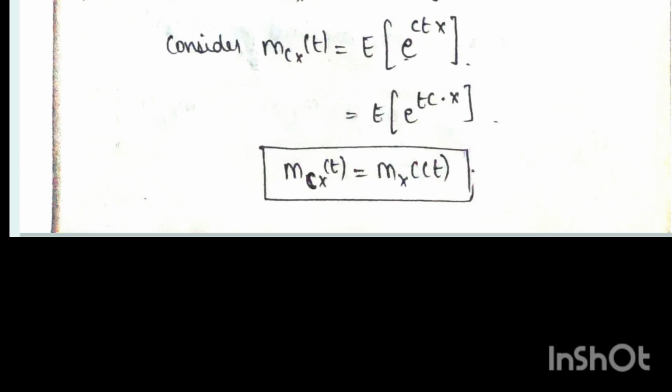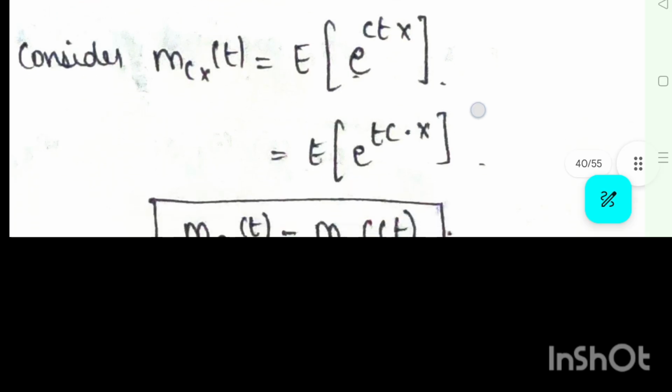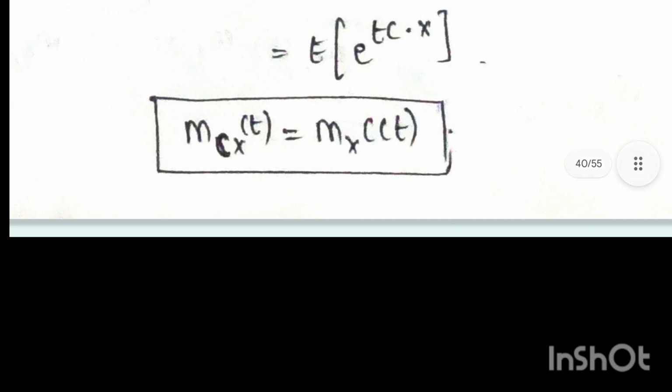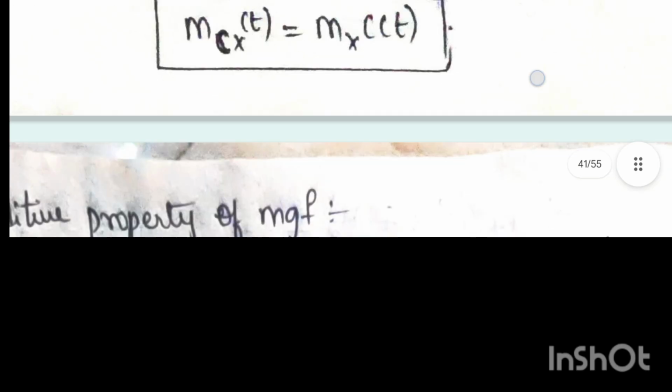Mcx of t, that is the LHS, you can write as the expected value of e to the power of tc into x. Since tc is a constant, this can be written as Mx of ct or tc. So this is the first property.